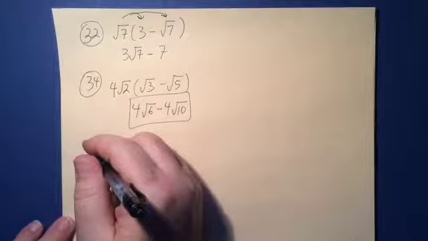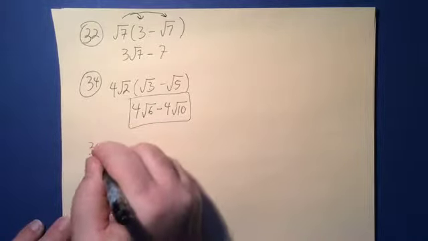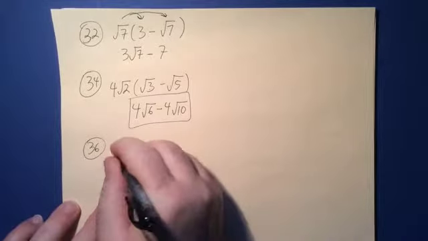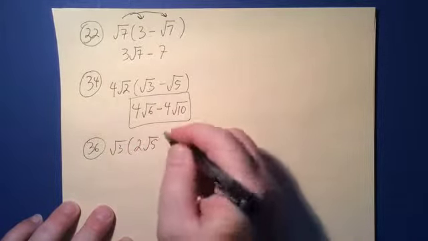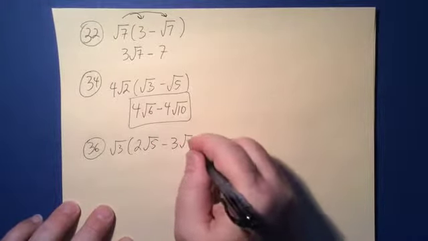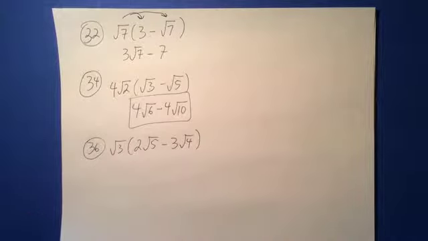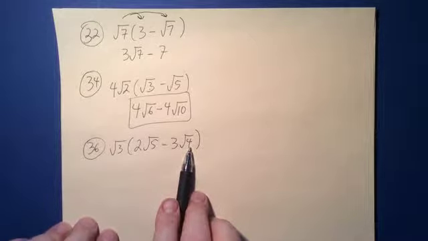Let's take a look further at 36. Let's see what happens with this. This is going to be radical 3 times 2 radical 5 minus 3 radical 4. So before diving into the problem too quickly, you may realize that radical 4 simplifies to 2.